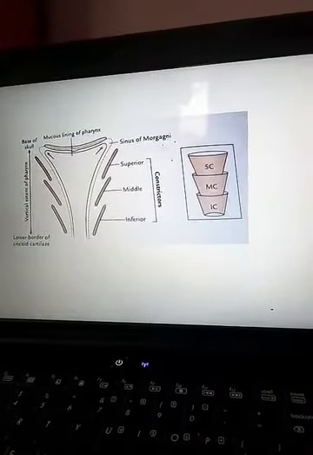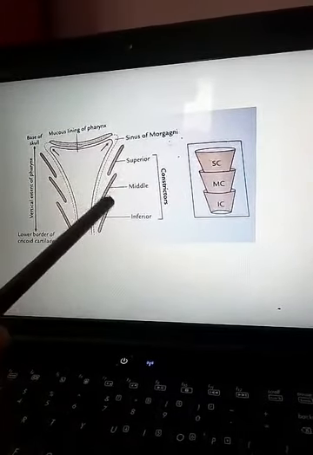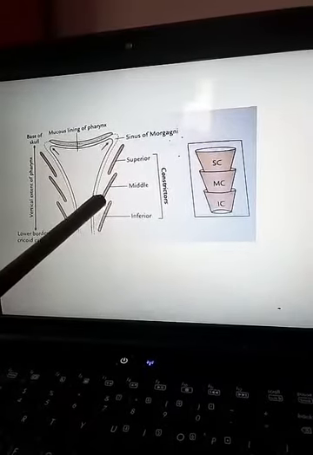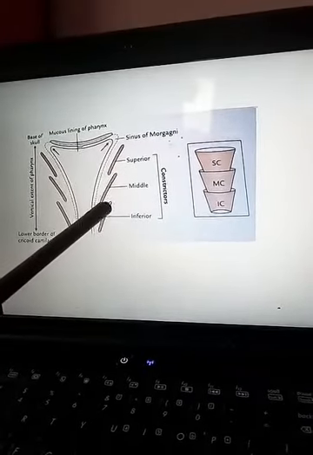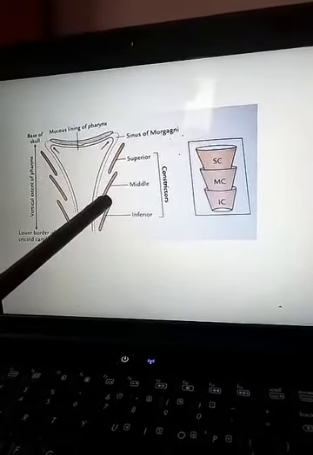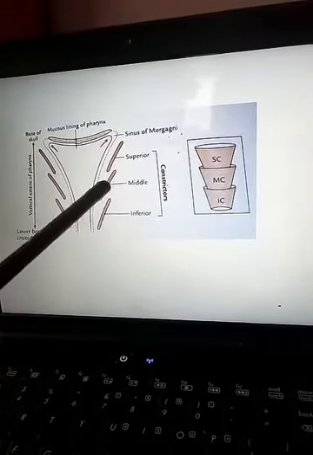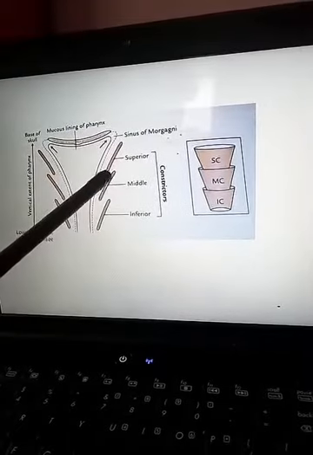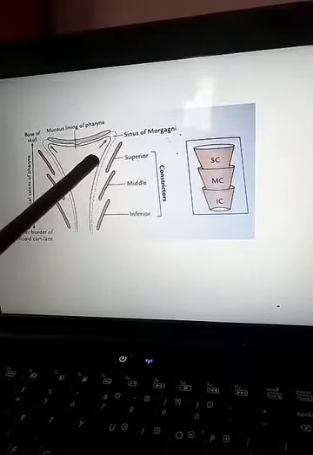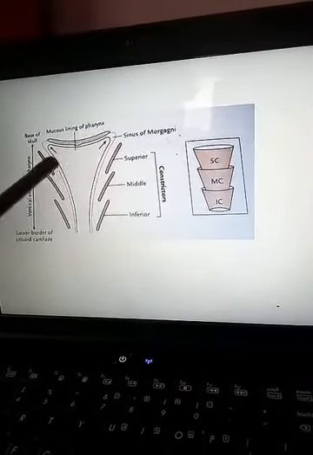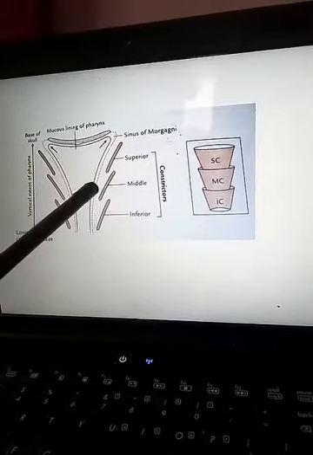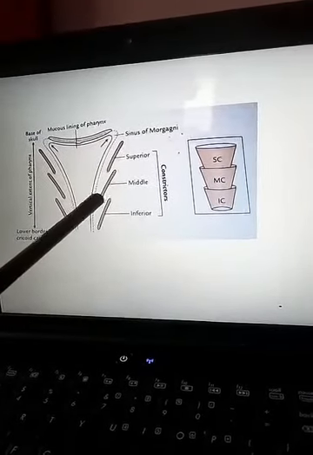Now, the constrictor muscles of the pharynx, that is the superior, middle and inferior constrictors, are arranged like a flower pot without base. These are placed one above the other. Inferior is placed on the middle constrictor and middle constrictor is placed on the superior constrictor. The constrictor muscles form the bulk of the muscular coat of the pharyngeal wall.